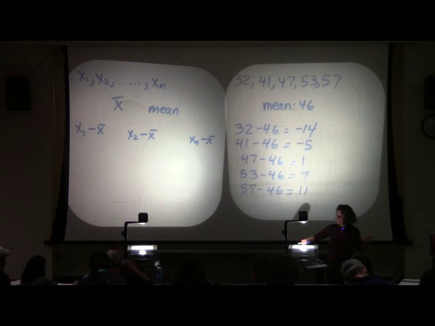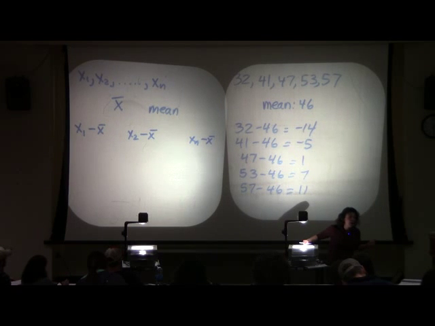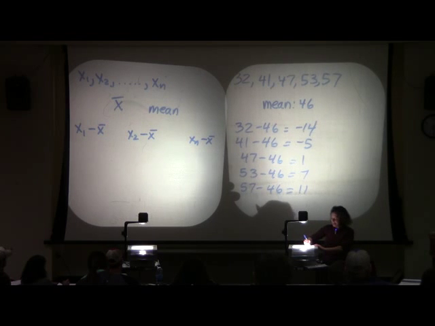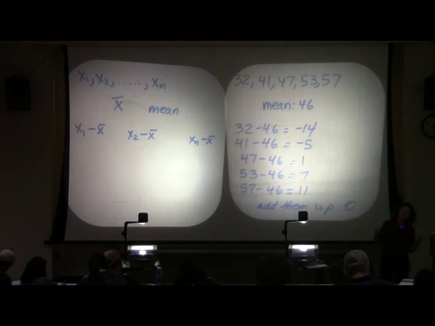What happens when I add up all of these numbers? What do you get? You get 0. Oh my goodness. When you add them up, you get 0. Well, that's actually not surprising, because that's exactly what it means to be a mean.